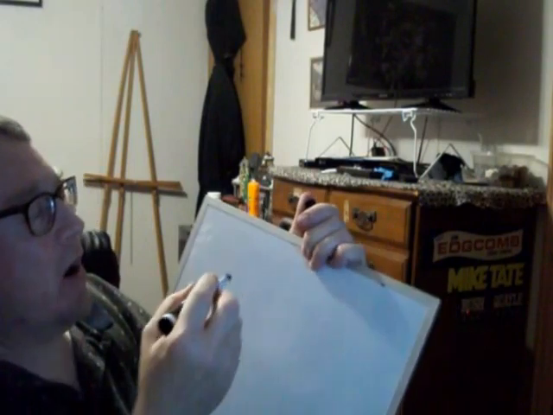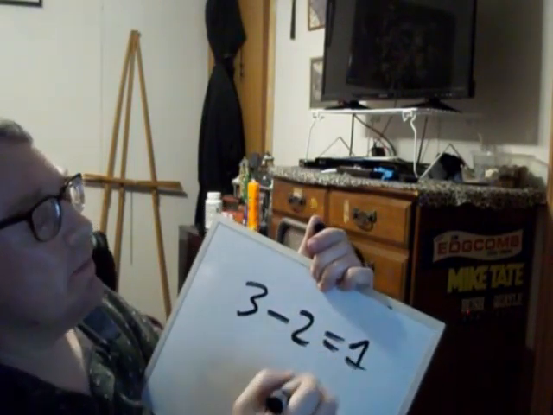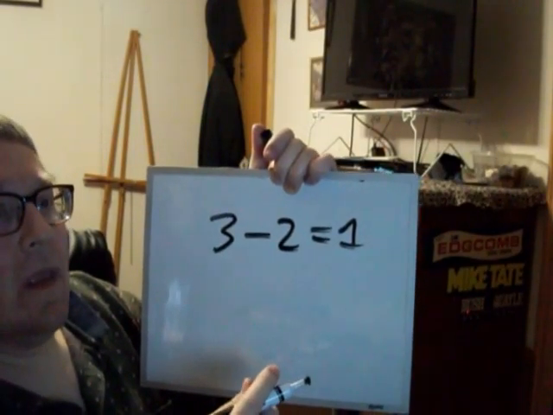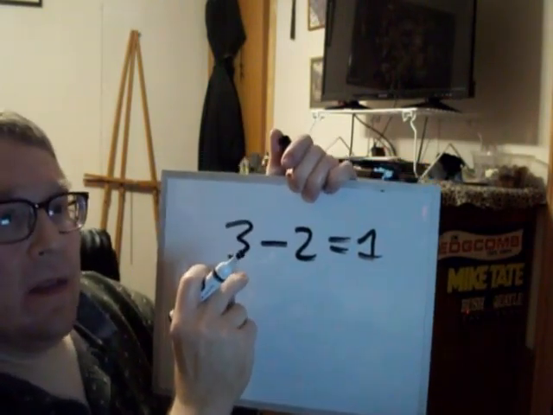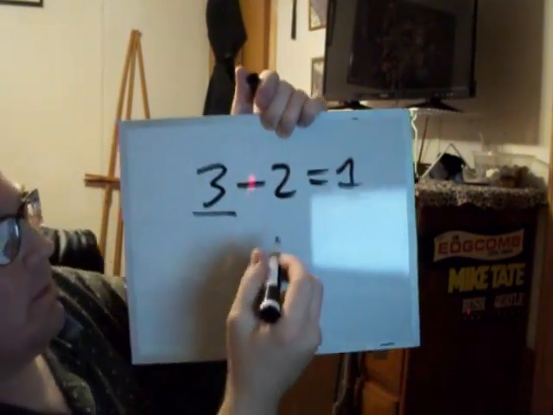What about subtraction? Let's have 3 minus 2 equals 1. This is called a minuend.